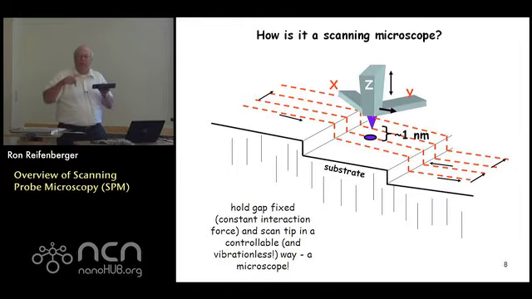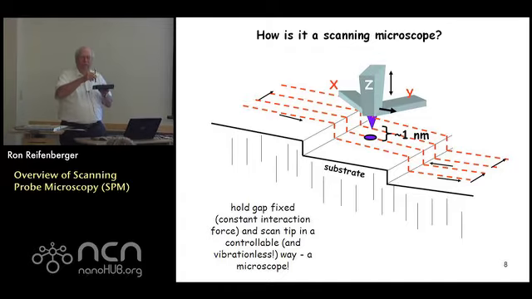And all the while you're moving back and forth, you're trying to hold the force between the tip and the substrate fixed. So the force between the tip and the substrate is going to be your distance sensor. It's going to tell you how far the tip is above the substrate. What happens when you encounter a feature?